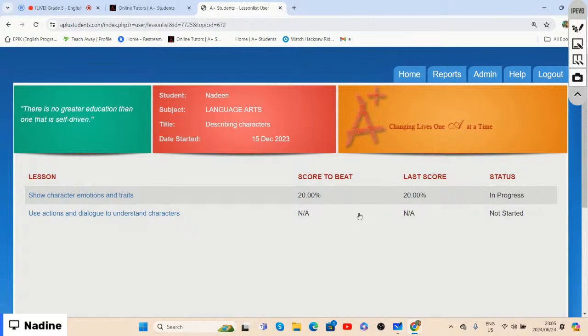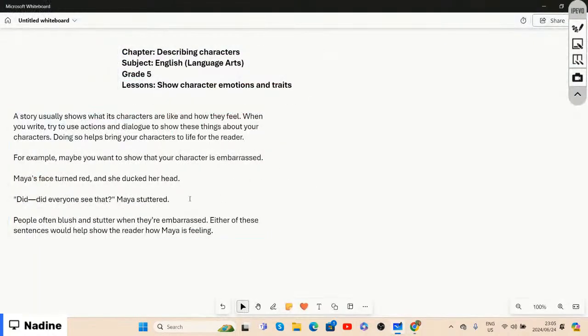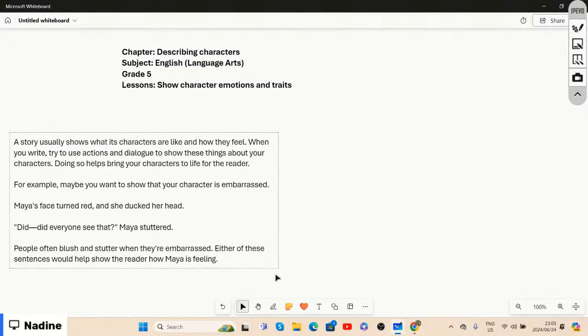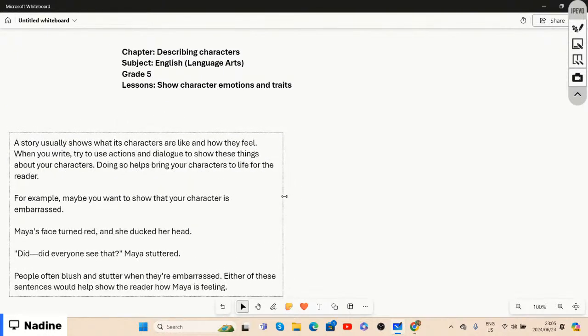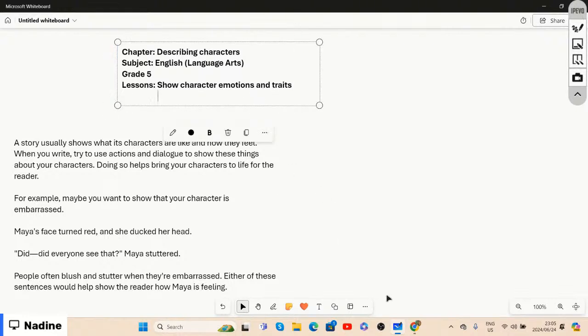All right. So our chapter is describing characters. Our subject is English Language Arts, grade 5.